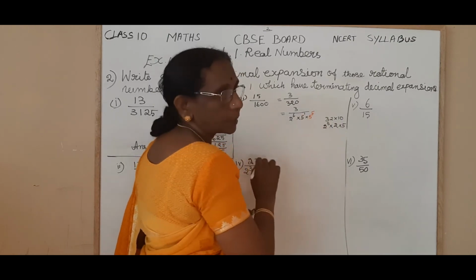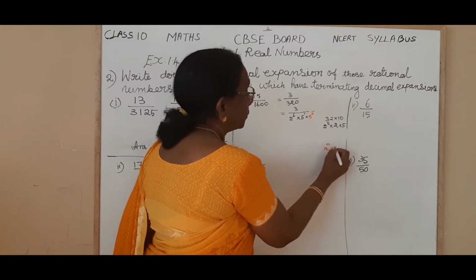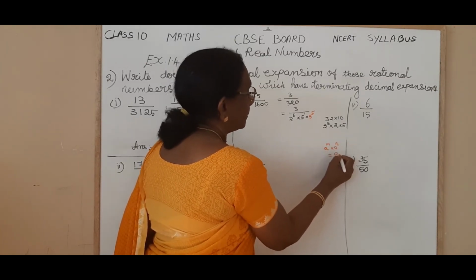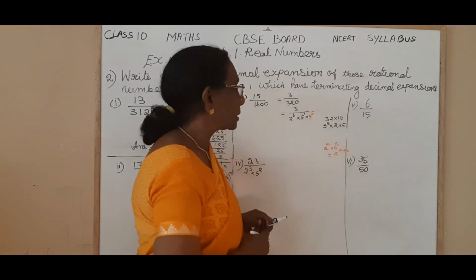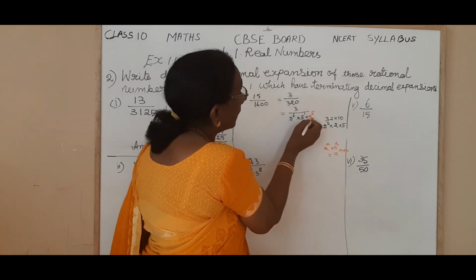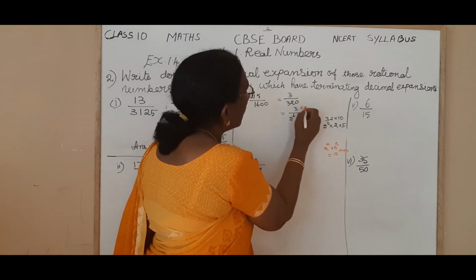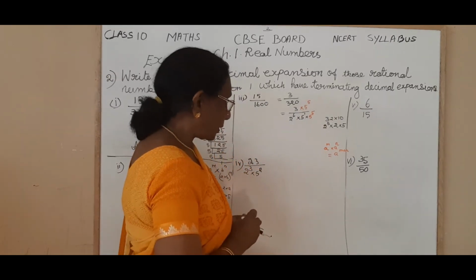5 plus 1, 6. When the bases are the same, you know what? a to the power m into a to the power n is equal to a to the power m plus n. Law of indices. The same thing we are doing here. So you have multiplied the denominator by 5 to the power 5, so the numerator is also multiplied by 5 to the power 5. And 5 to the power 5 is what?